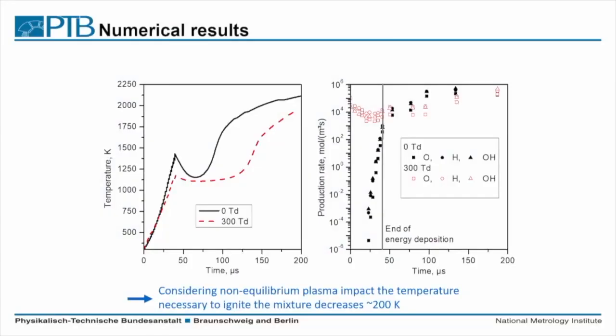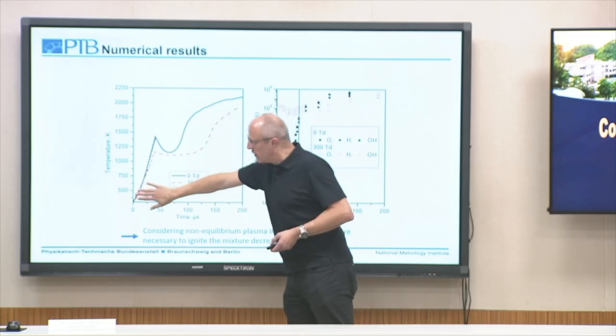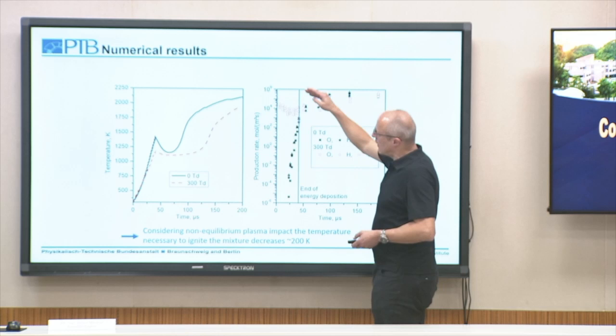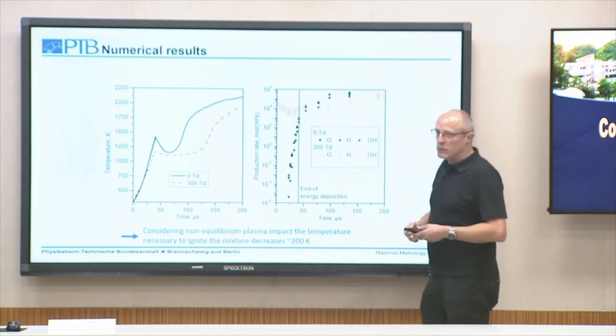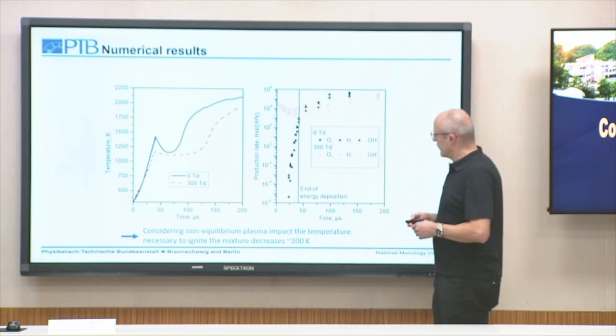In case of an electrical field, we produce a lot of radicals already during the discharge. Even though it's quite cold here, we see that we have a huge production rate of the different radicals.